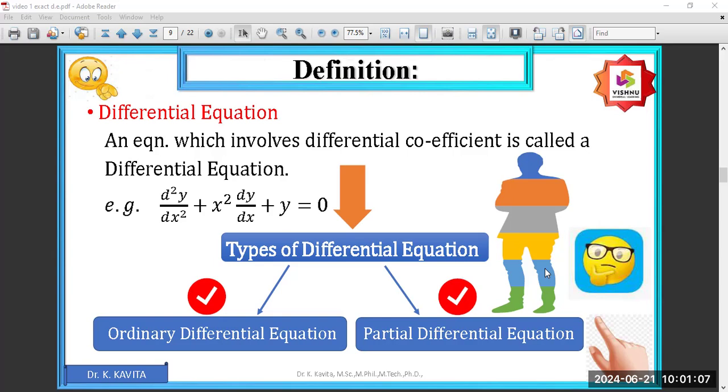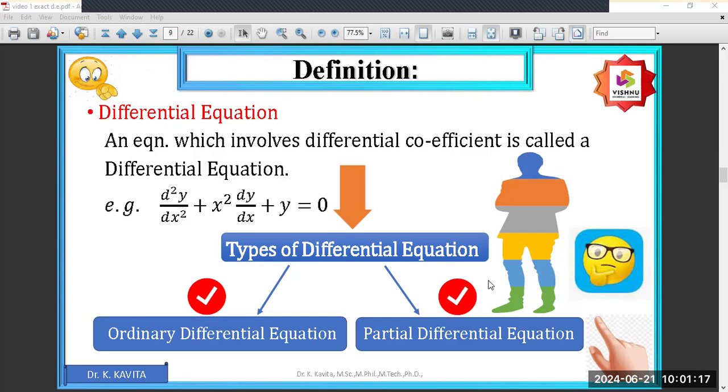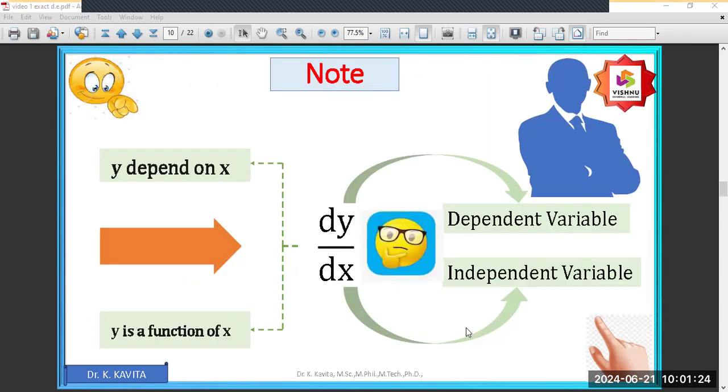We'll see the definition of differential equations. An equation which involves a differential coefficient is called a differential equation. Example, d square y by dx square plus x square into dy by dx plus y equals 0. These differential equations are of two types, ordinary differential equations and partial differential equations. One thing we need to note is that ordinary differential equations contain two different variables.